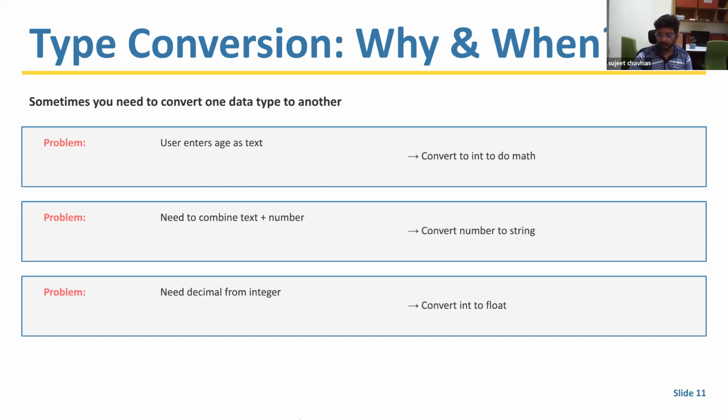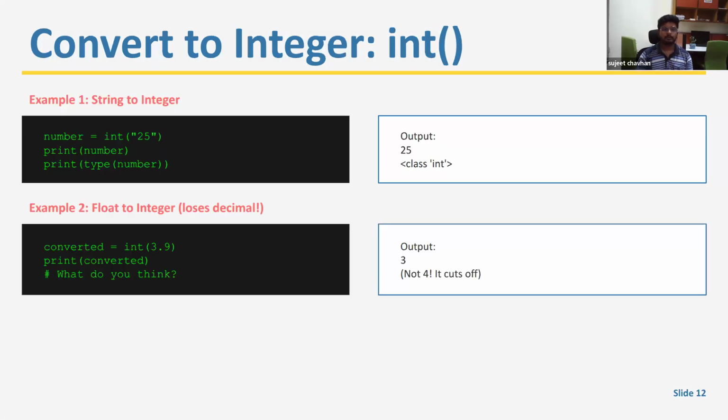Then we will convert into float. These are some examples where we need them. So conversion to int: number equal to int of "25". So 25 is a string, but we are converting it to the integer.